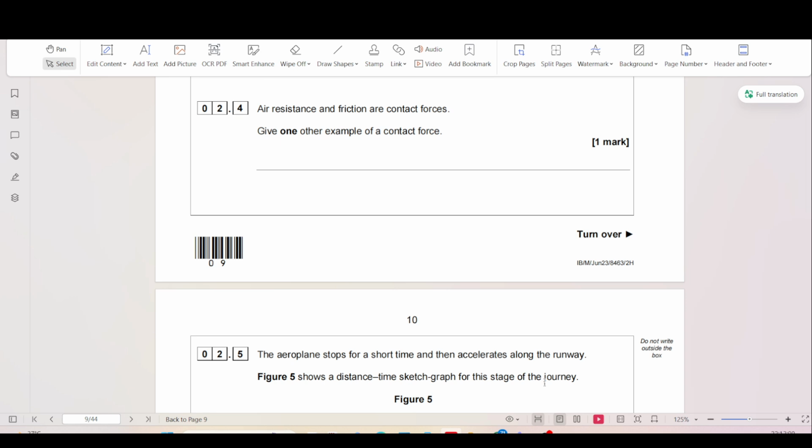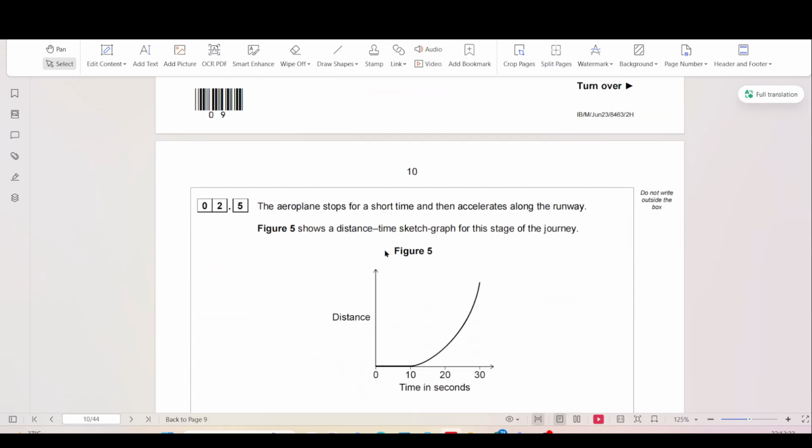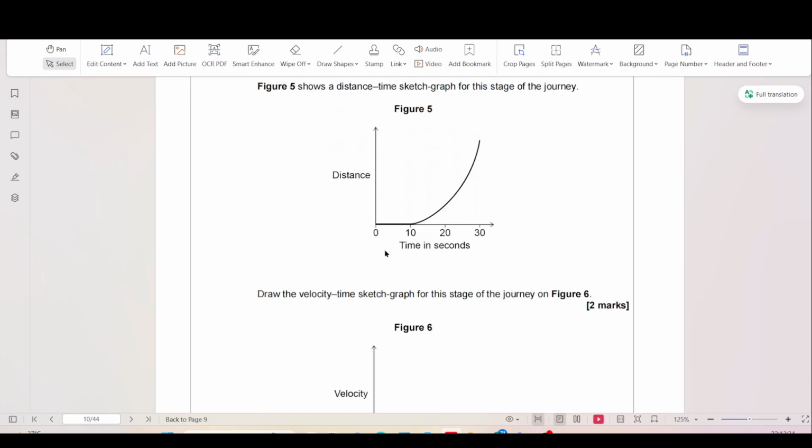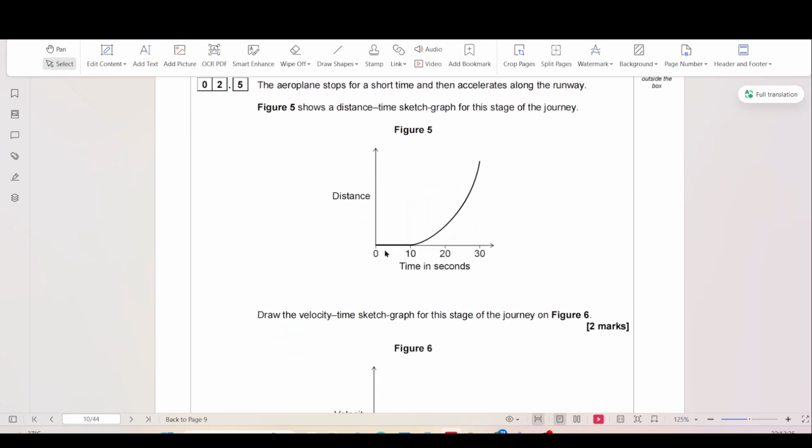But push is not a type of force. It is just the definition of force. So you should write contact force, or you can write tension. You can write normal. You can write upthrust. Any one of them.